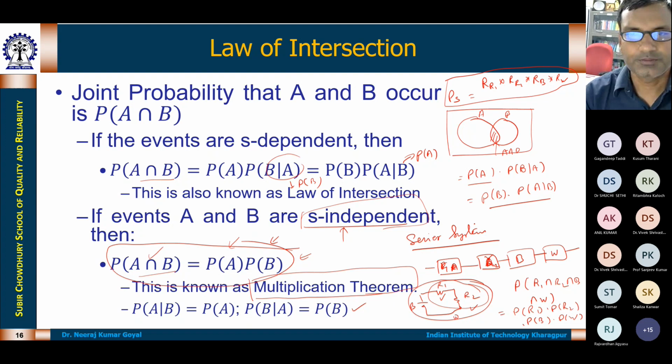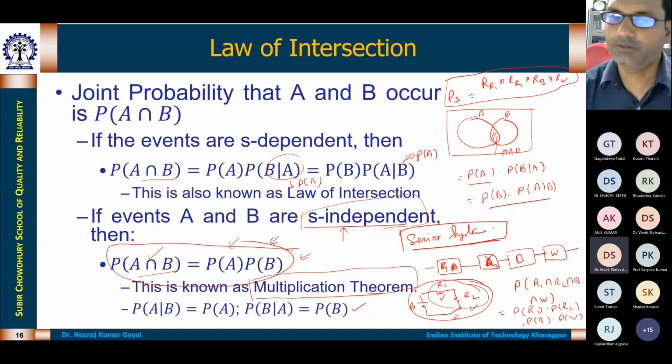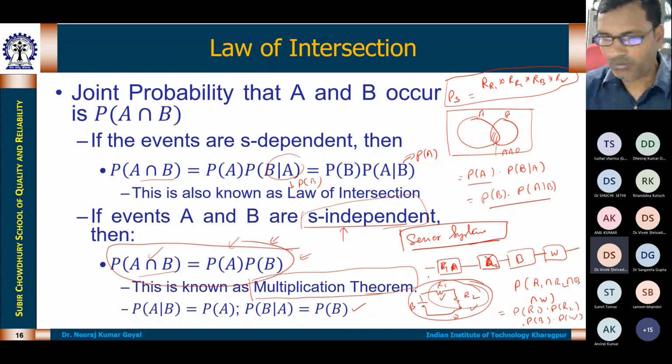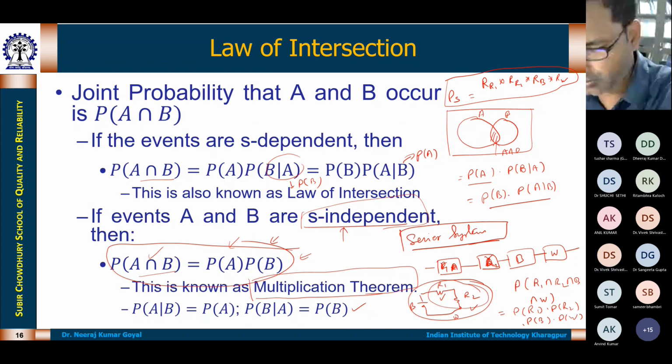Is it understood, everyone? If you have any query? This is called a series system. Anyone? No, sir. As they all are interconnected, we can imagine that they are interlinked. So it's clear, sir. Thank you. Can you speak a little louder?